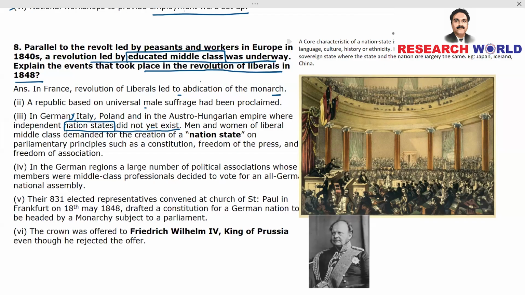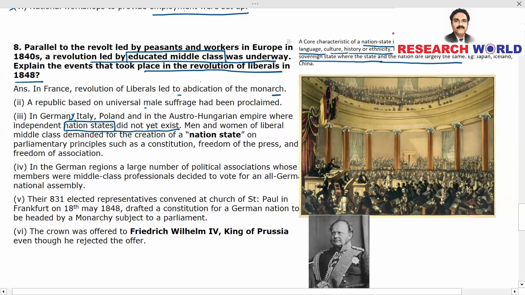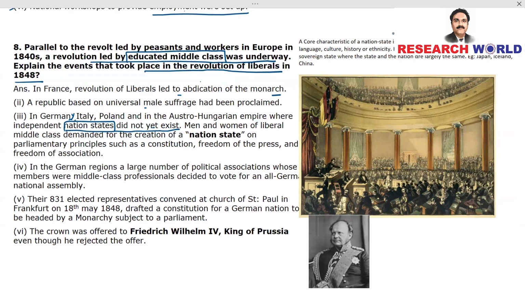Just to make a quick recap, a nation state has a shared national identity based on common language, culture, history, or ethnicity. Hence, a nation state refers to a sovereign state where the state and the nation are largely the same. Examples: Japan, Iceland, China, where people share a common language and the same ethnicity, without much diversity. Whereas India is a modern state.